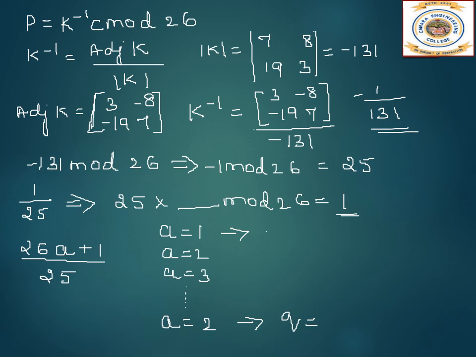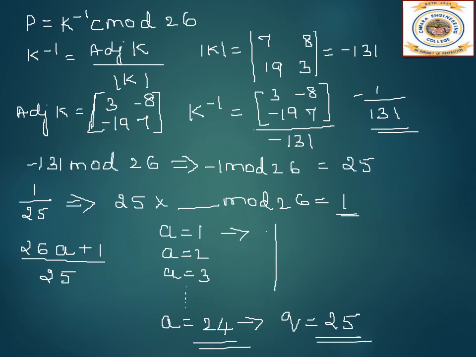When a is equal to 24, I get the quotient to be 25. For all the other values, where a is 1, 2, 3 and so on, I will not get a whole number; I will get a remainder. So it is completely divisible when a is equal to 24. Now I take the quotient as the answer.